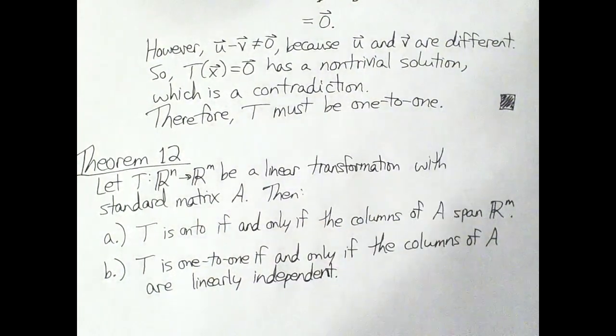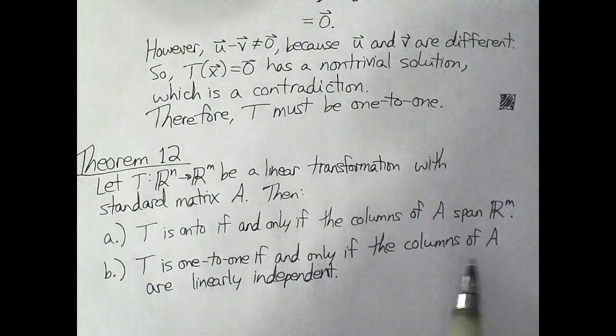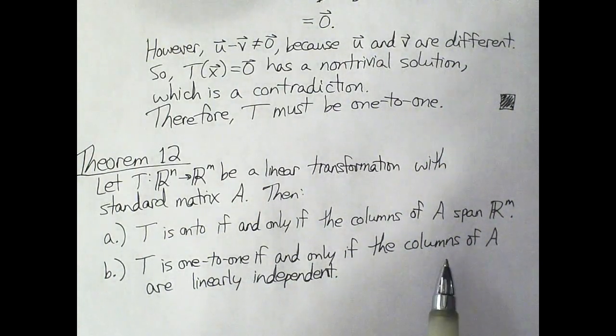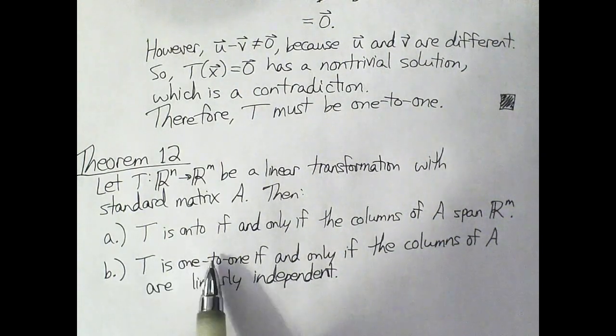All right, another definition from a previous section, another phrase coming up, linear independence. Do you remember what it means for a set of vectors to be linearly independent? Columns of A could be thought of as just a set of vectors. You check to see if they're linearly independent. It tells you whether or not T is 1-to-1.